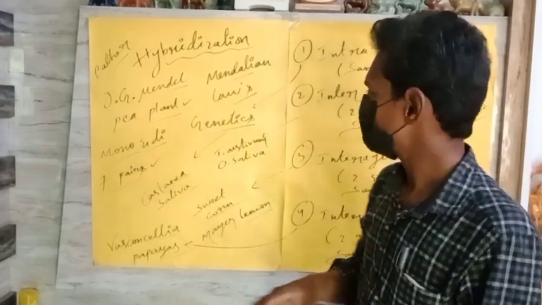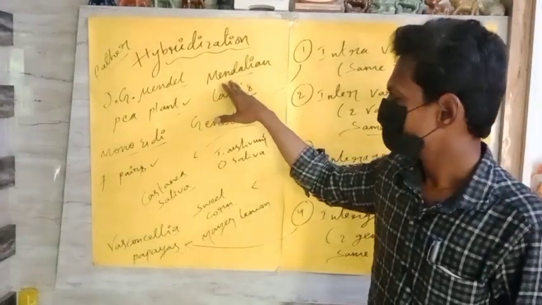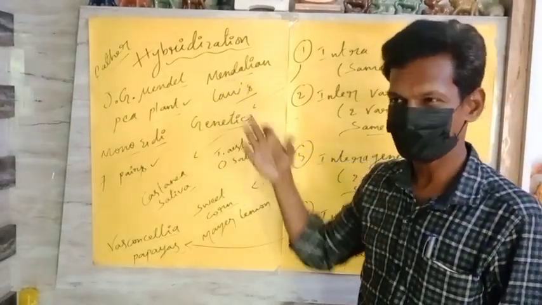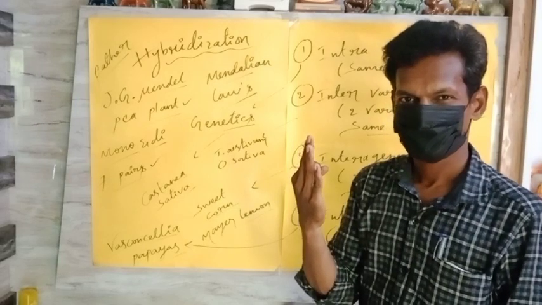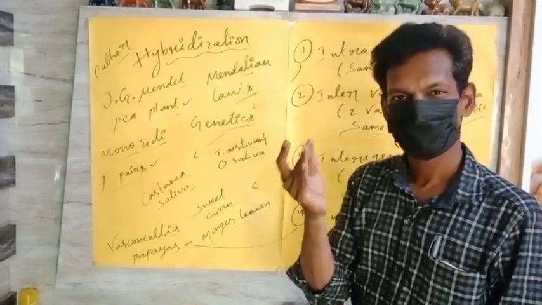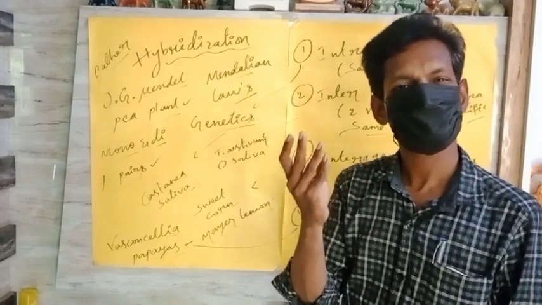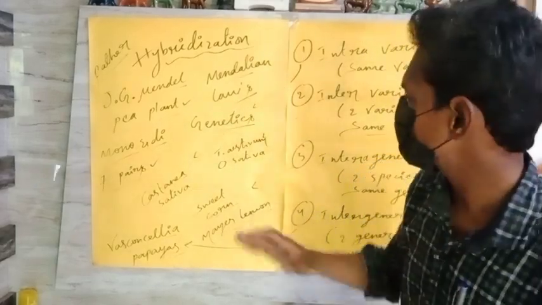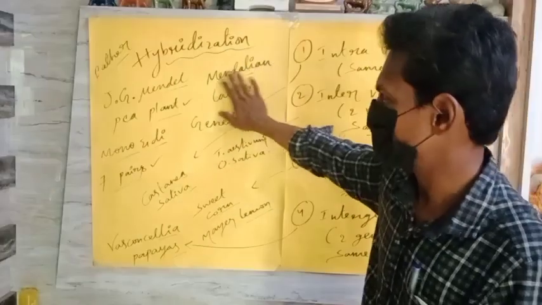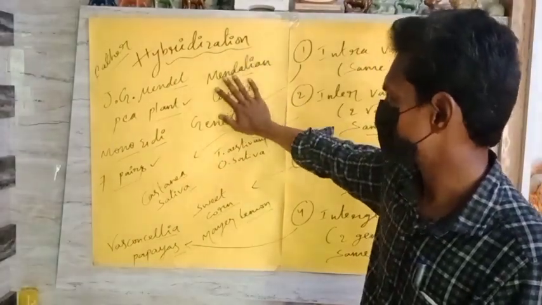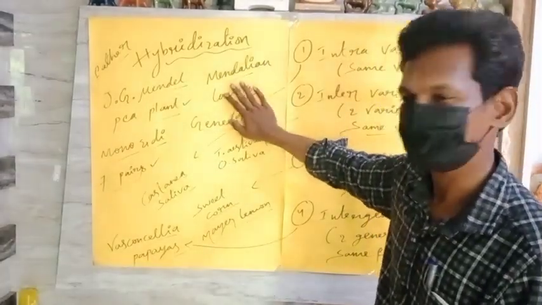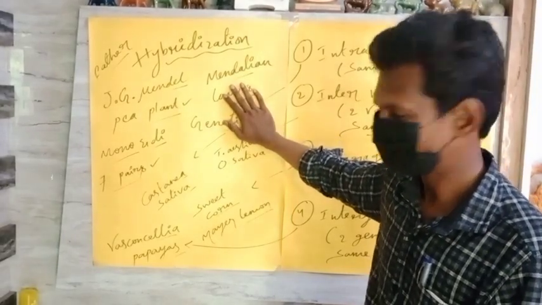Finally, he proposed the Mendelian laws: the law of dominance, the law of independent assortment, and the law of segregation. These 3 laws proposed by Mendel all come under Mendelian laws or laws of genetics.